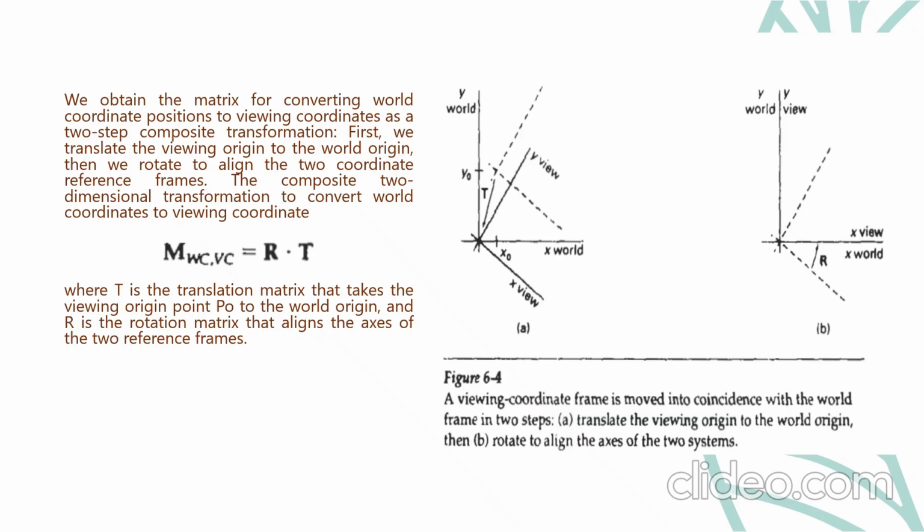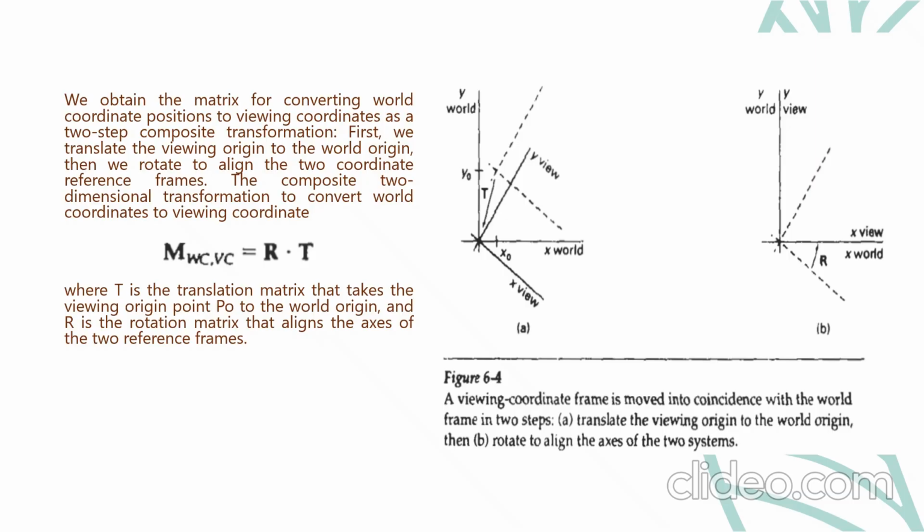And the second operation is rotation. Now, what is rotation? This also we have studied in the earlier slides. Rotation aligns the axis of the viewing coordinate system with the world coordinate system.